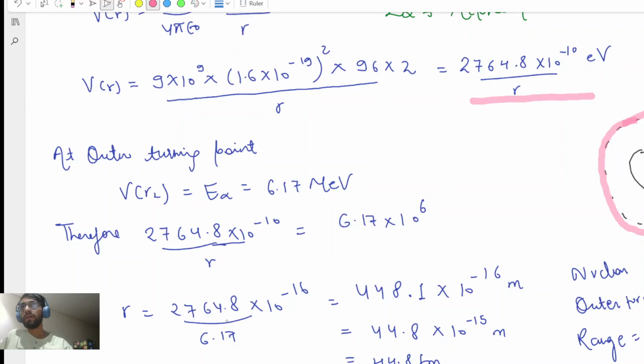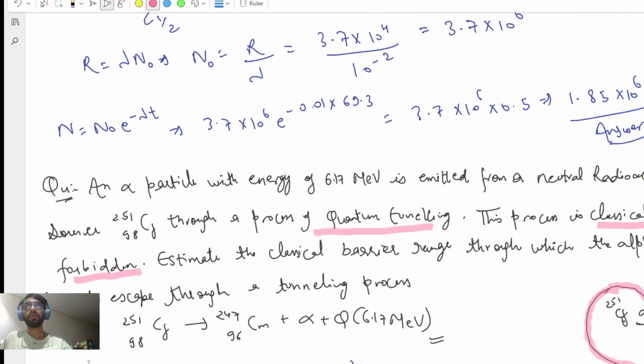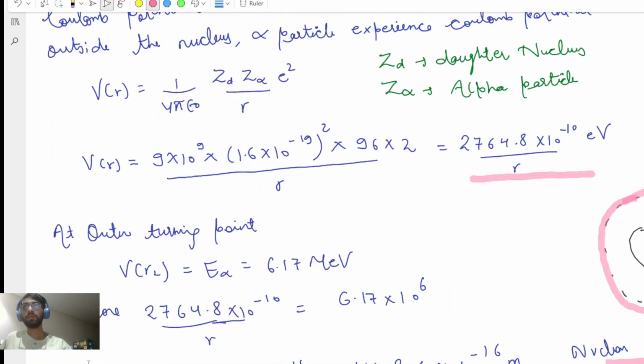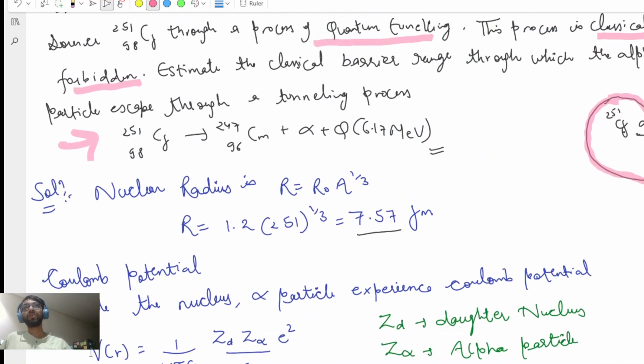From here to here, this is 44.8. So what will be the range? The nuclear radius is 7.57, which we calculated above. The outer turning point is 44.8. So the range is 44.8 minus 7.57, which is 37.37, nearest. So this is also a good question.